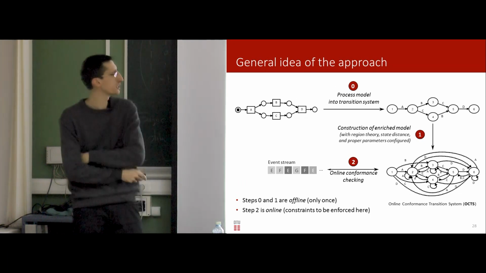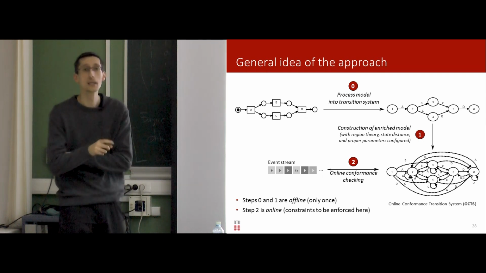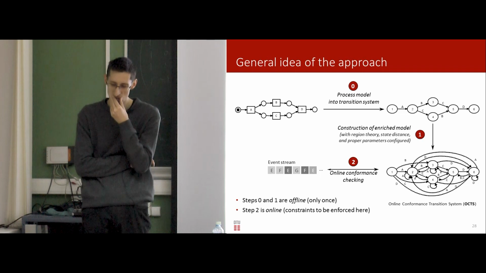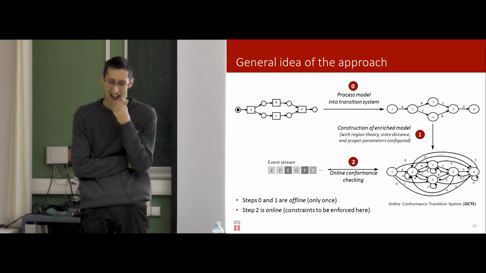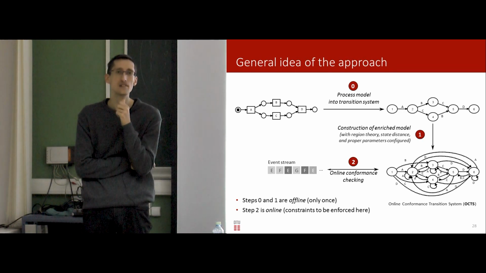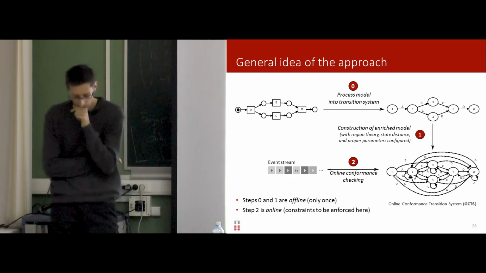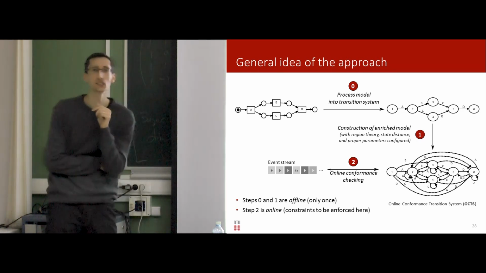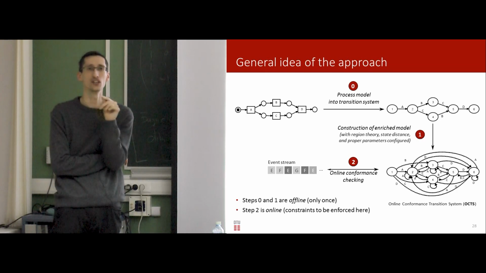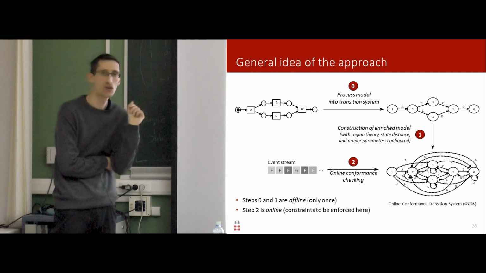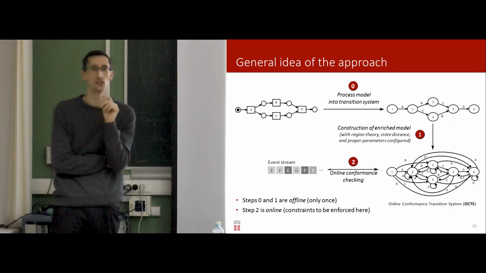So the point here is, let me be more simple. Could you give me an example of practical usage of this model? I'm not sure if you're asking me about the usage of conformance checking or the usage of online conformance checking.